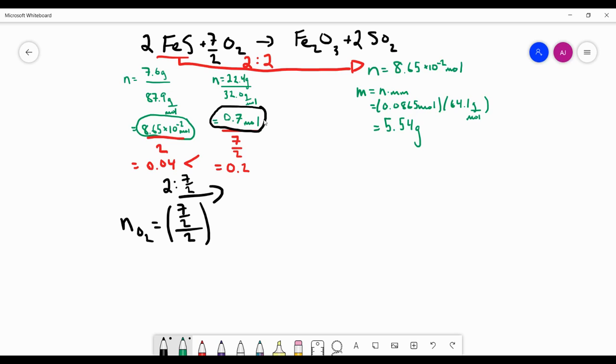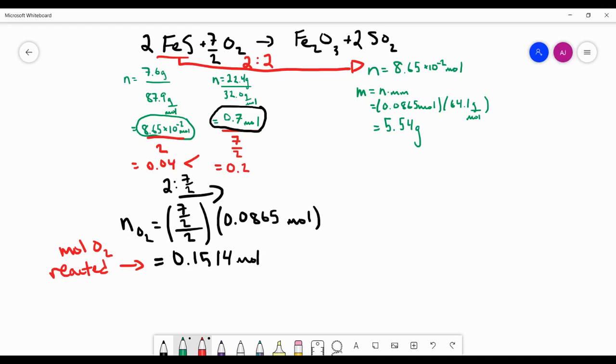So there's my ratio in the coefficients right there, multiplied by 8.65 times 10 to the negative 2, 0.0865 moles. The moles of oxygen reacted was 0.1514 moles. Once again, I found that by using the ratio in the balanced chemical equation, starting off with the limiting reactant and determining the amount of oxygen which reacted.